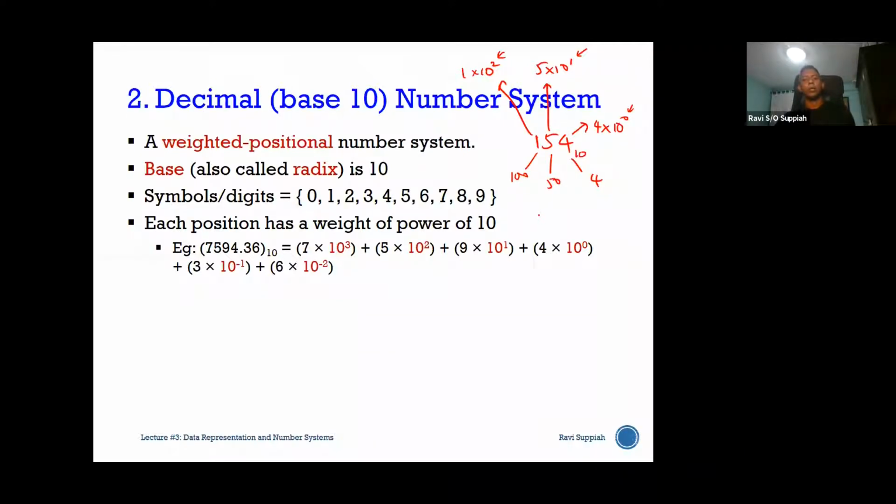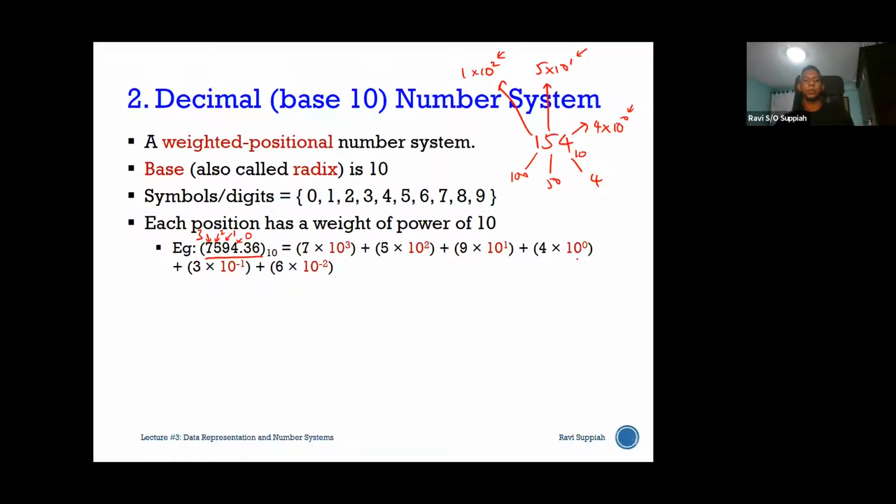So when it comes to decimal points, it's again the same thing. Only thing is you go towards negative power. So if I look at this example, 7594.36. So 4 is base to the power of 0. This is 1, this is 2, and this is 3. So ones, tens, hundreds, and thousands.